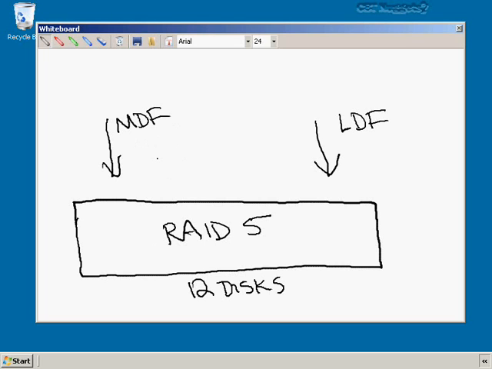In a case like this, where you've got a really rich, robust back-end storage system, you probably are going to stick your LDF files on it, probably going to have each database in one MDF file, and that may be it.